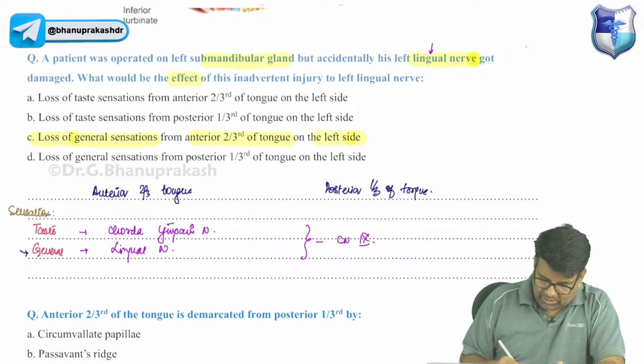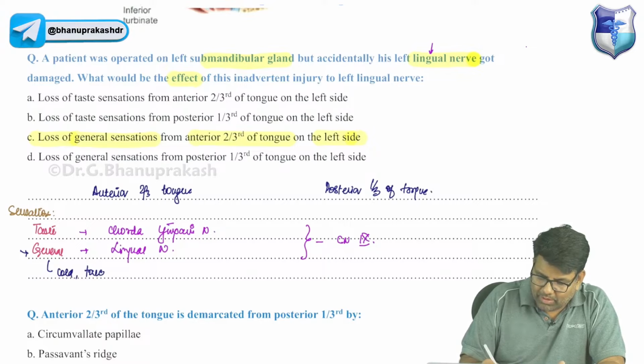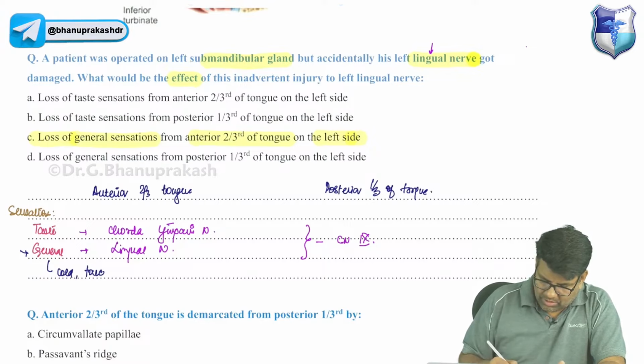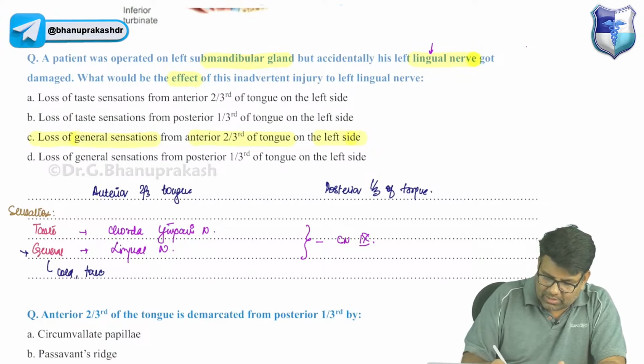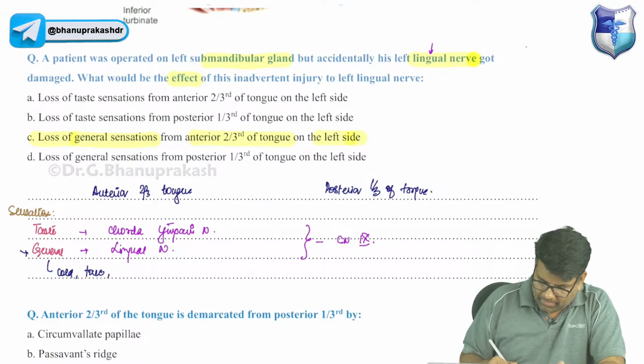sensation. Now, general sensation means cold, hot, touch. So these are all general sensations. And taste sensation, of course, sweet.